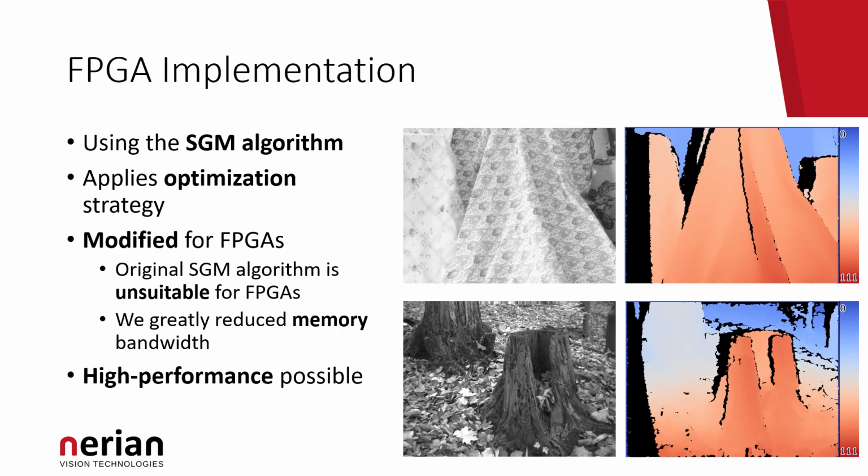Now, the original SGM algorithm is actually very unsuitable for execution on an FPGA. And this is why we had to do some extensive modifications of this algorithm. And in particular, we greatly reduced the memory bandwidth that this algorithm used. And only by these modifications, we've been able to implement this algorithm on an FPGA and achieve this high performance that you just witnessed in the videos before.